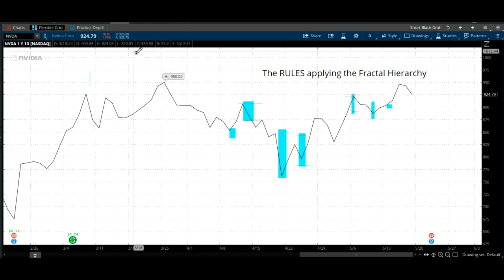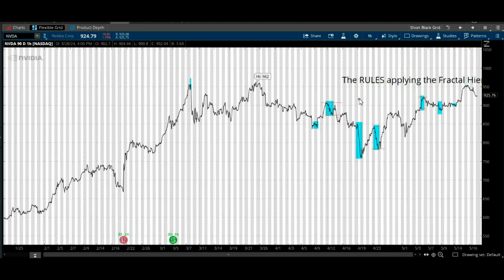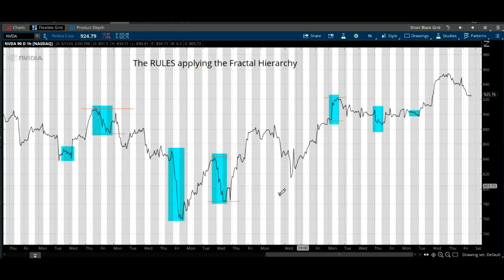So what you have to do is go to the smaller time frames to get a better picture of the fractals within the fractals. Trying to see if we can find anything else here. And that's about it.